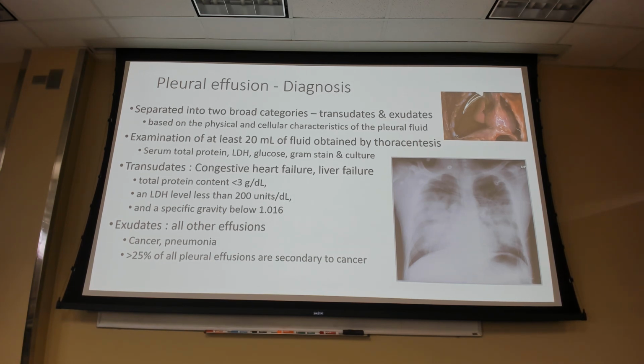So if we have any sort of infection, we'll have an increase in our lactate dehydrogenase, and that'll be what's noted on our thoracentesis. So this helps us differentiate whether we think it's an infection. So if it comes back positive on the gram stain culture, then we know it's more of an exudate or an infection, and it'll guide our treatment.